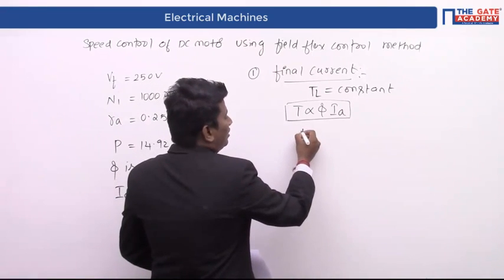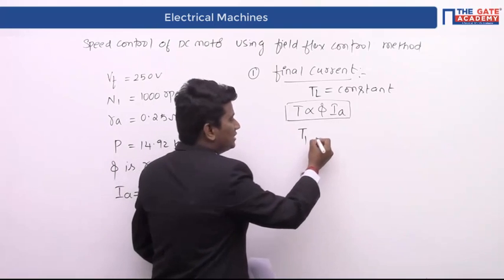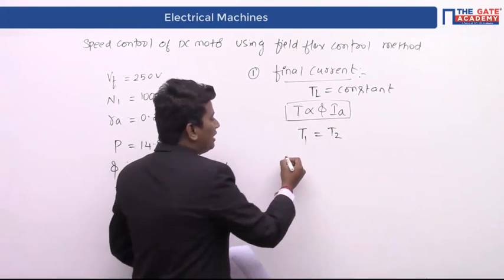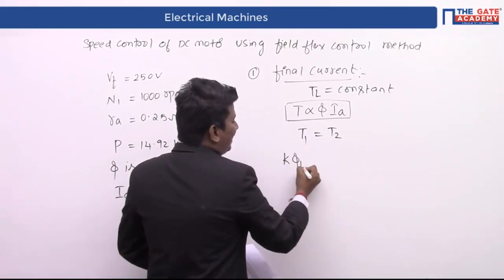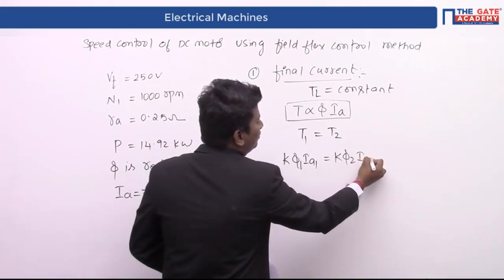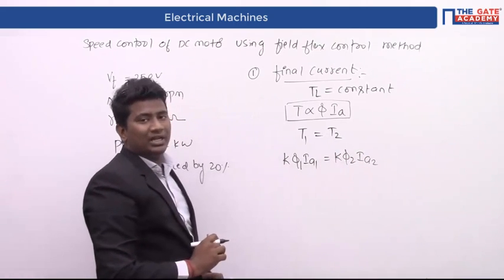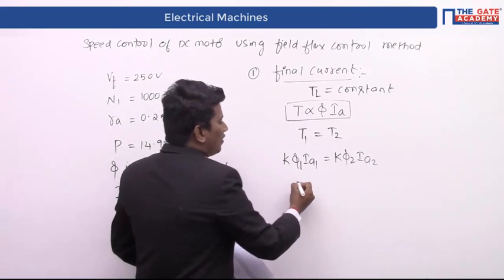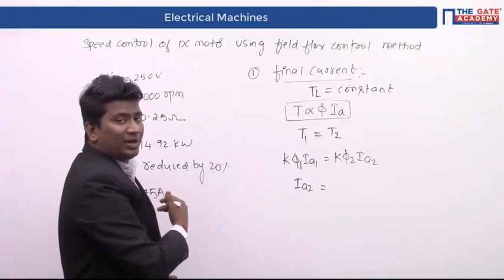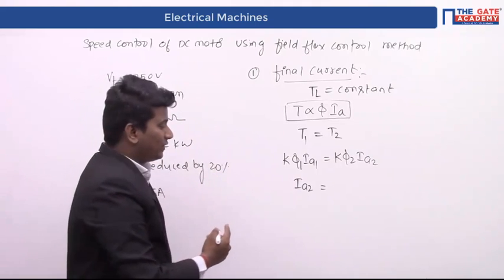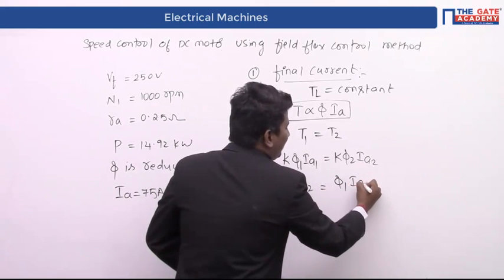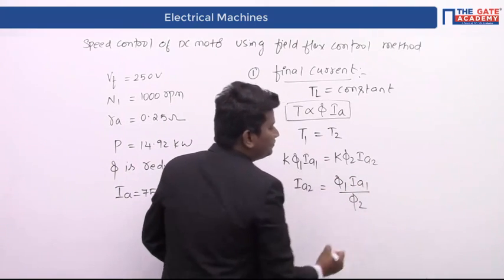Therefore torque before changing the flux is equal to torque after changing the flux. Therefore K phi1 Ia1 is equal to K phi2 Ia2, where K is the proportionality constant. So after changing the flux by 20%, what is your final current? Ia2 is equal to phi1 Ia1 by phi2.